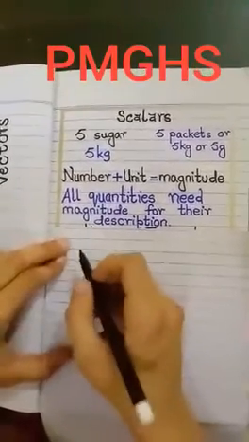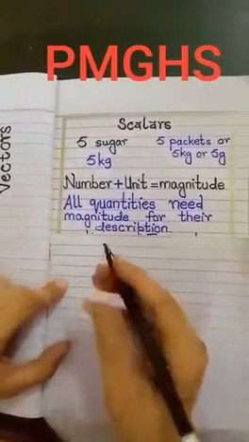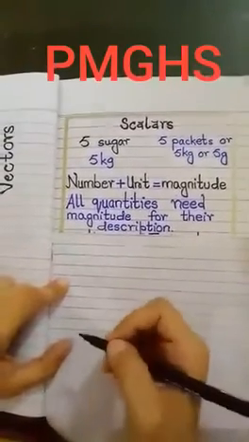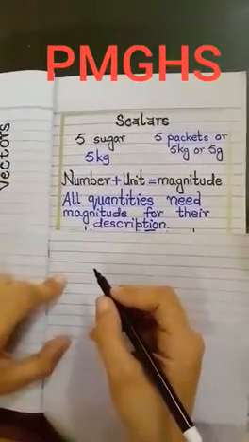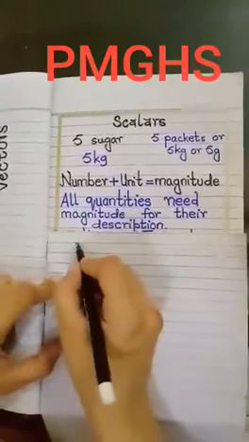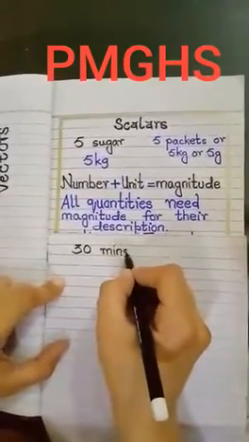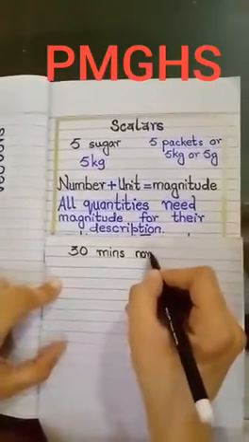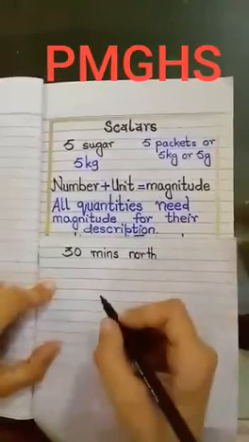For example, if my friend asks me how much time I took to reach her home, I reply that I took 30 minutes north to reach her home.